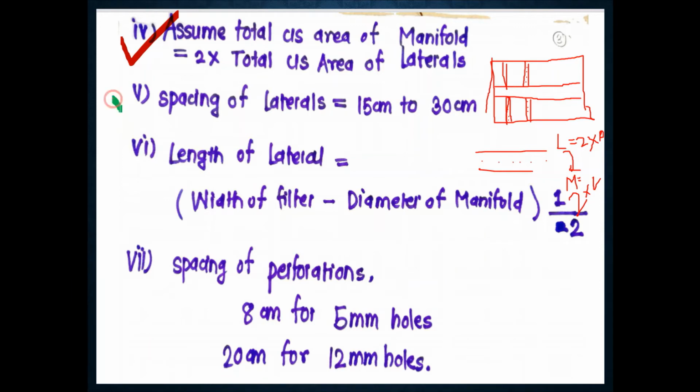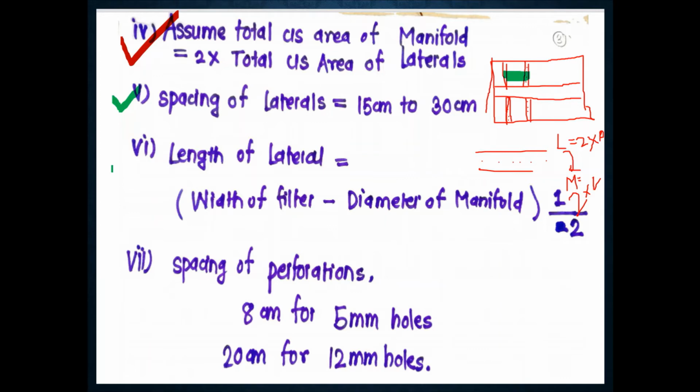Okay, then spacing of laterals is equal to 15 to 30 centimeter. These are the laterals, and the spacing between two laterals is taken as 15 centimeter to 30 centimeter.